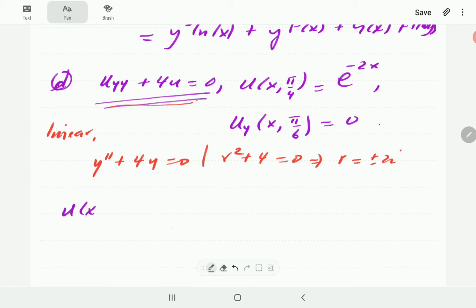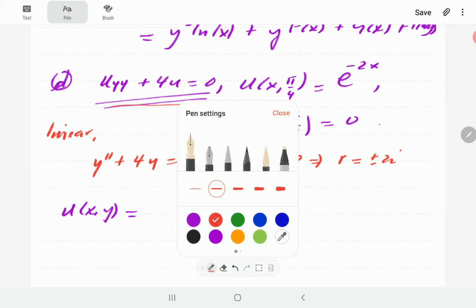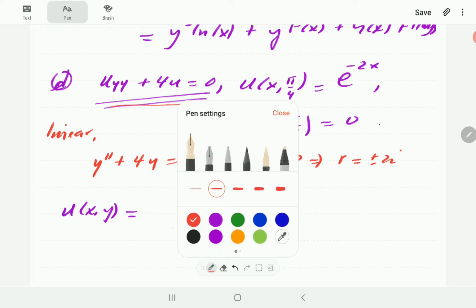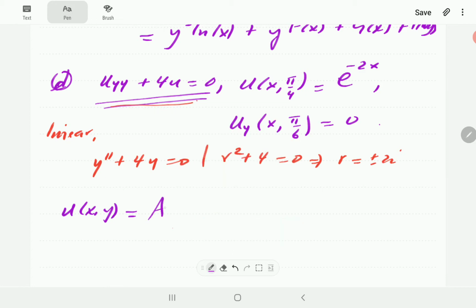So it's going to be u of x, y. So here the solution would be a cosine 2y plus b sine 2y, where a and b are arbitrary constants. Okay, well, in this case the solution is going to have to be a of x.